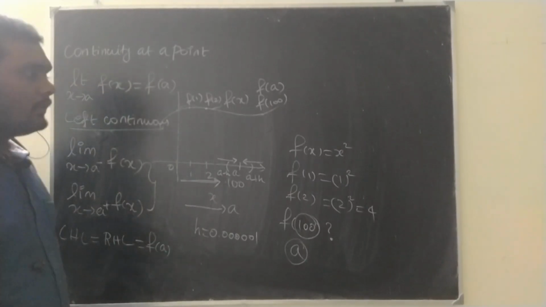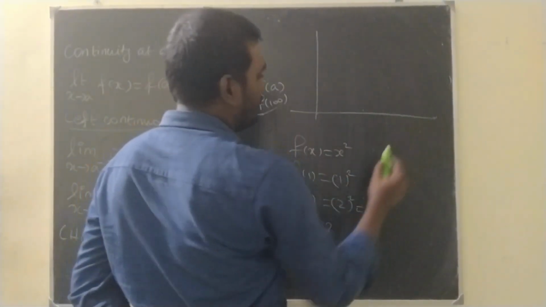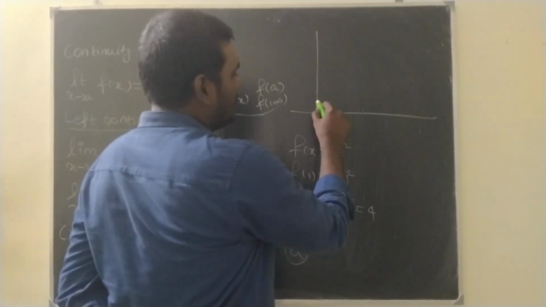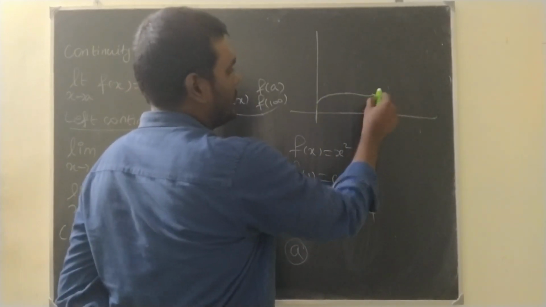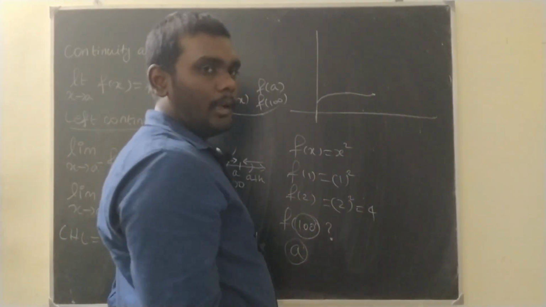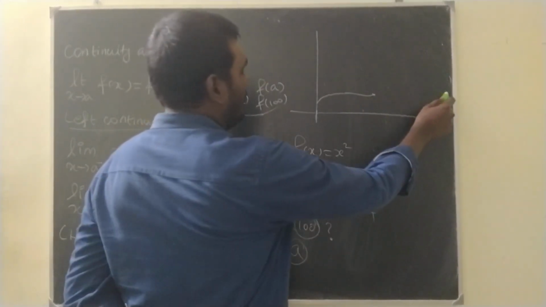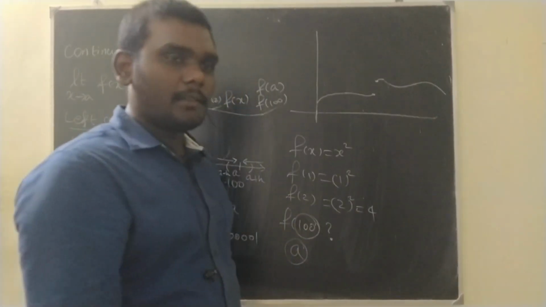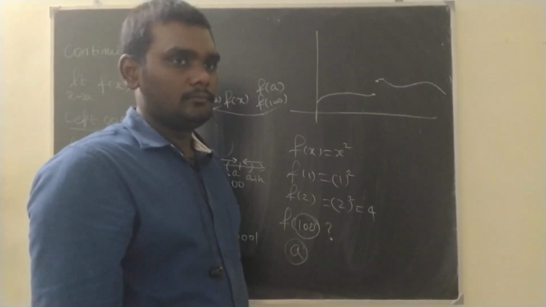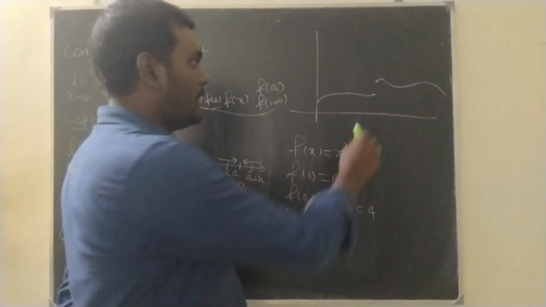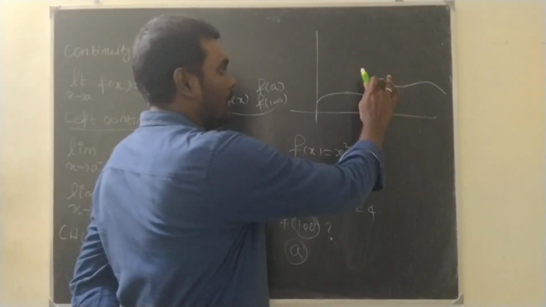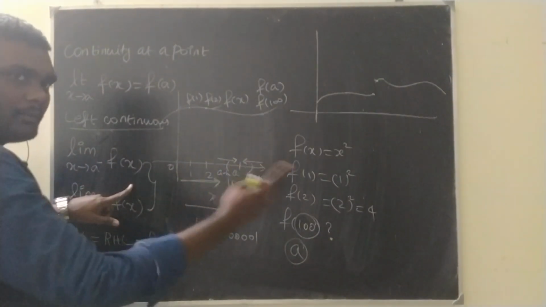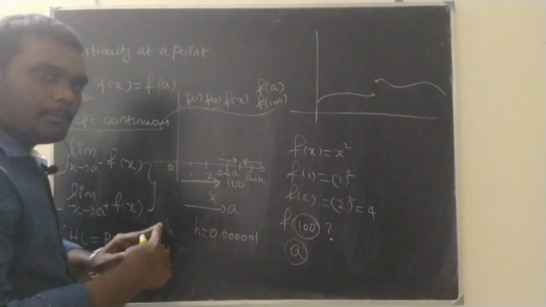For example, this left limit, right limit. While you are approaching from the left hand side, a function approaches this point, for instance. While approaching from the right hand side, a function approaches this point. Are both points the same or not? No. It should be the same. Understood or not? If from this side we are approaching one point and from that side we are approaching one point, both points should be the same.